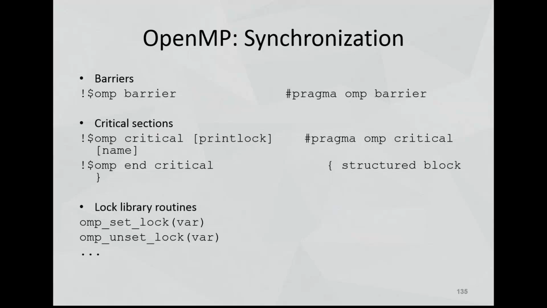So when we're looking at C++, the hash pragma OMP barrier must be in a structured block. It's not a statement, and something like if x != 0, pragma OMP barrier would be illegal.